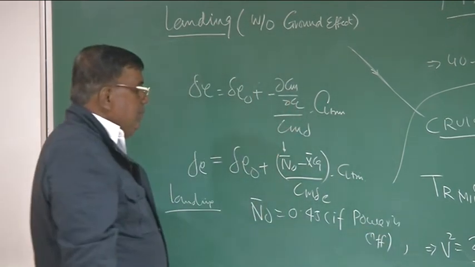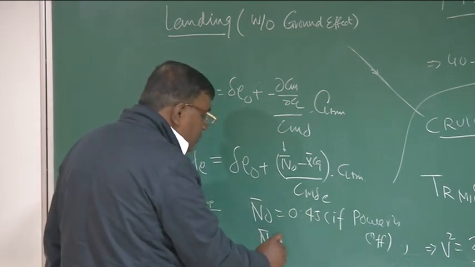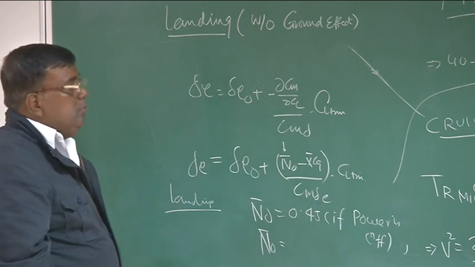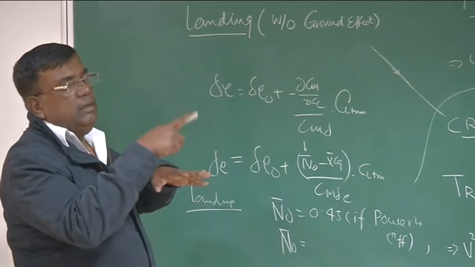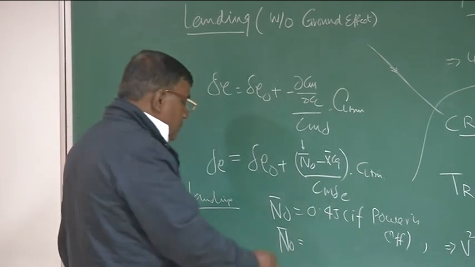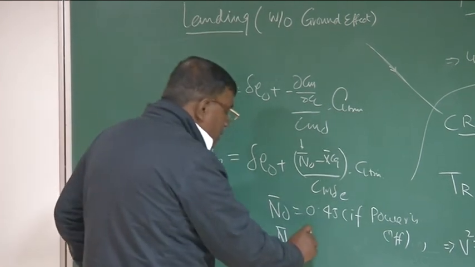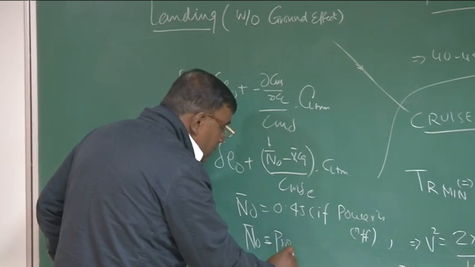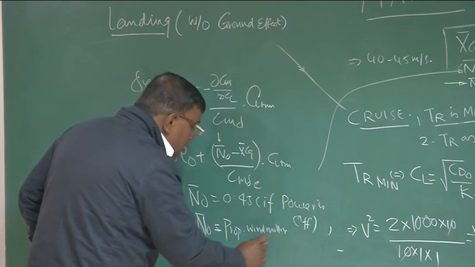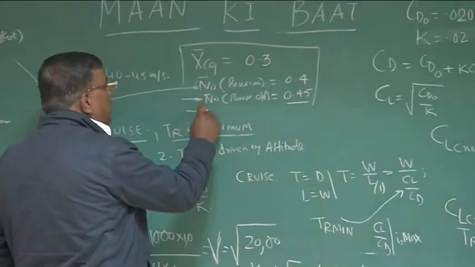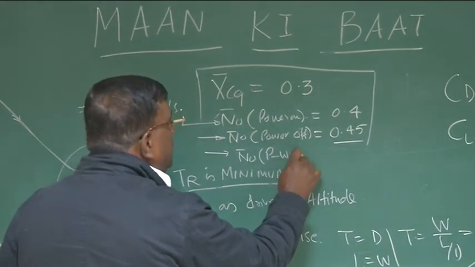Rest everything remains the same. But if the pilot has initiated windmilling, that is, he has not put the brake on the propeller, so it is rotating because the relative wind is coming and some thrust is being generated, then this N naught should be for propeller windmilling.